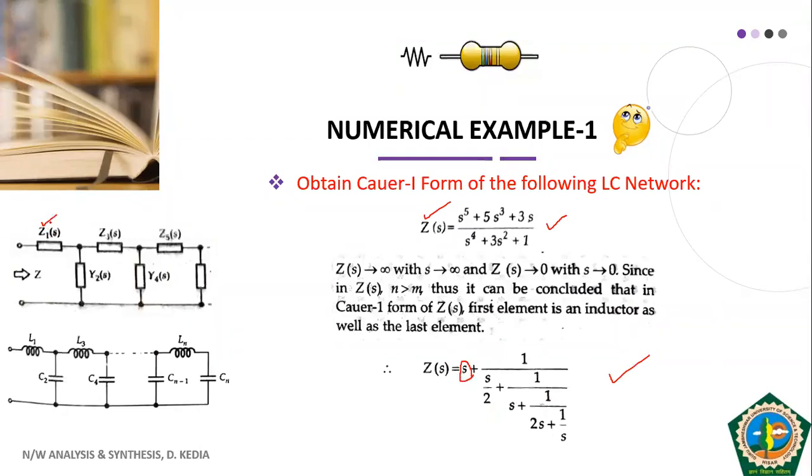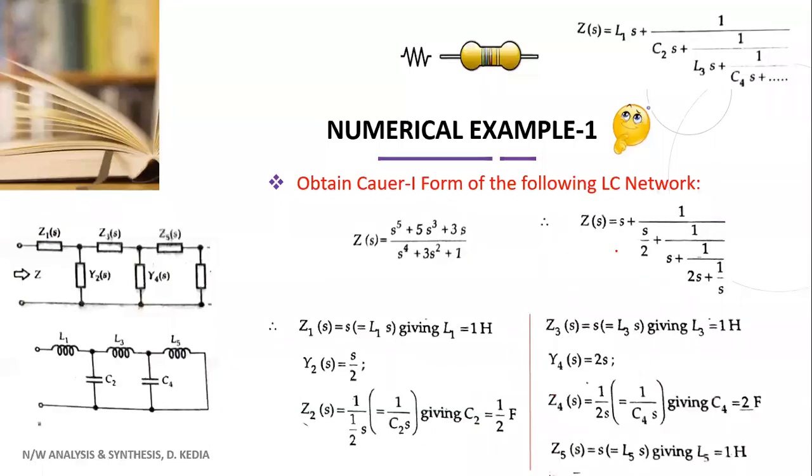After Z1, we will have 1 by Y2, plus 1 by Z3, then plus 1 by Y4, and so on. Those Z1, Y2, Z3, we have replaced by the quotients of our continued fraction. Let us see. It will be clarified in the next slide.